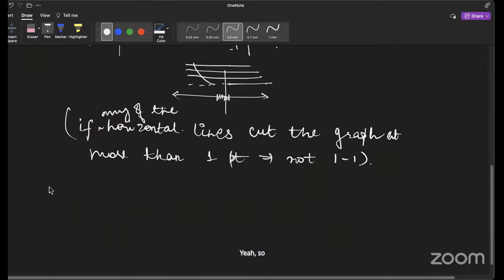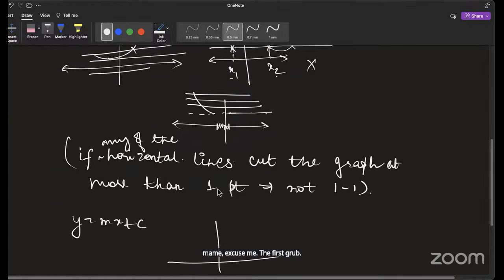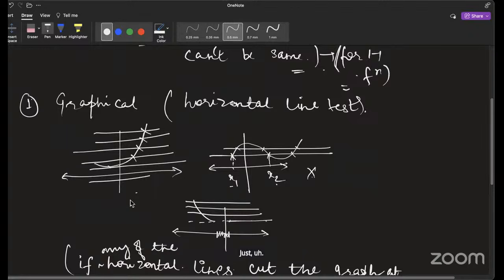Yeah. So we're discussing the linear functions, mx plus c type, and they are like this, right? Ma'am, I have a doubt in the first graph. This one. The horizontal line cuts in 2 points. It doesn't actually, because yeah, it does here.